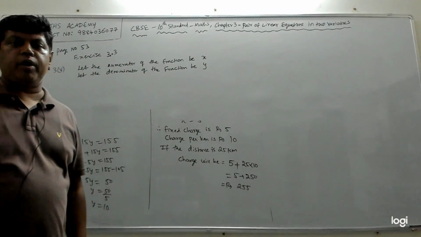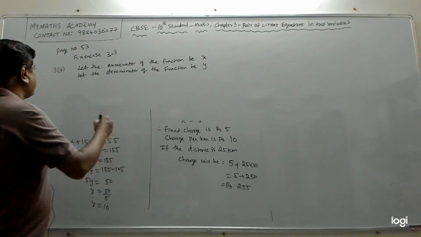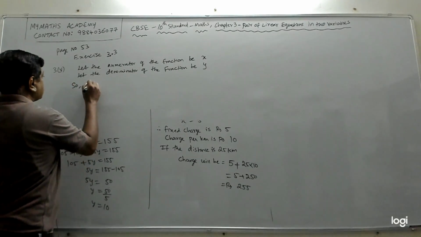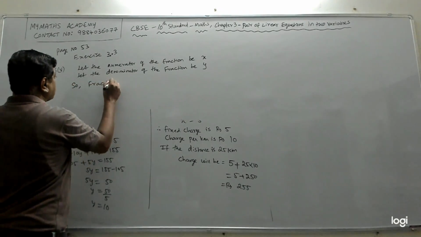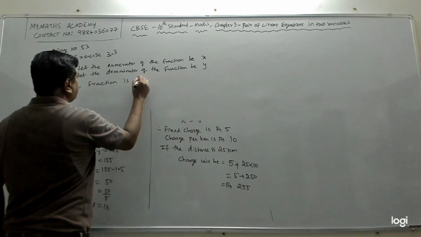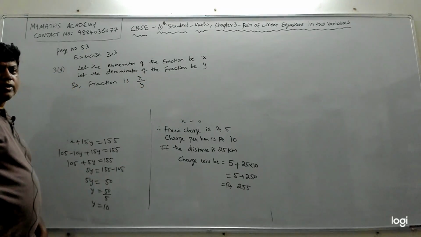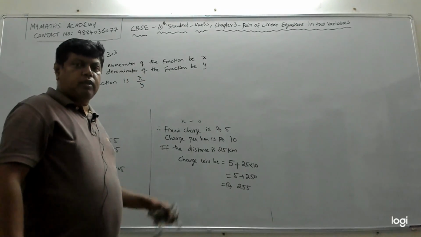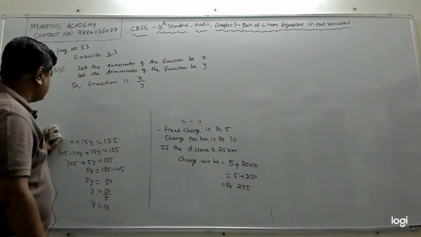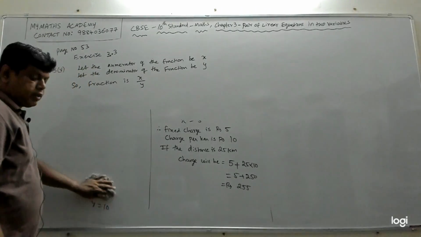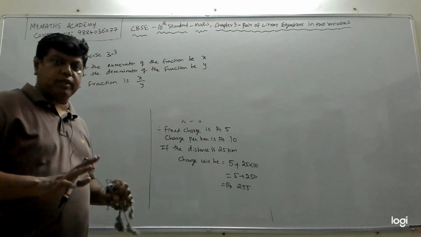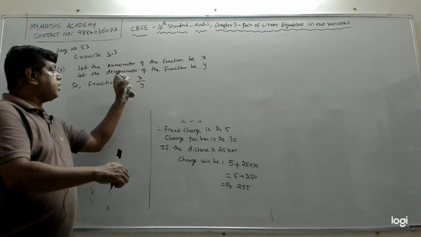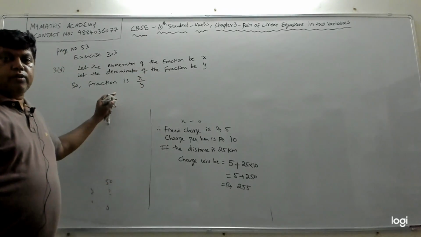So we are taking the numerator as x and the denominator as y. Then the fraction is x by y. If you find x and y, then we know the fraction is x by y. So now what is given? Whenever you see a fraction, you write let the numerator be x and the denominator be y, and so the fraction is this.